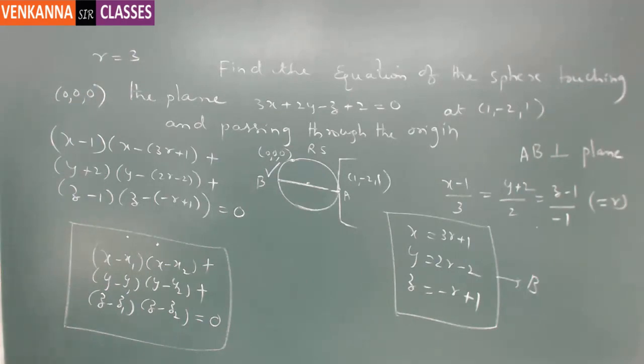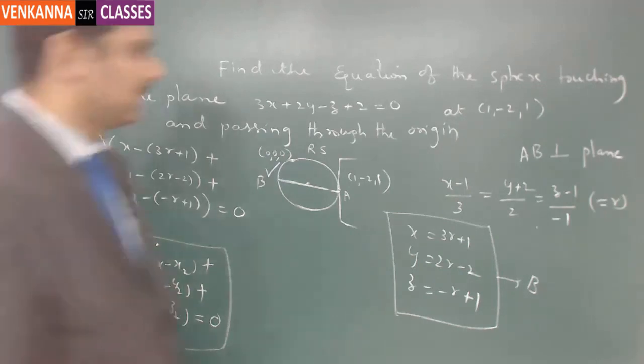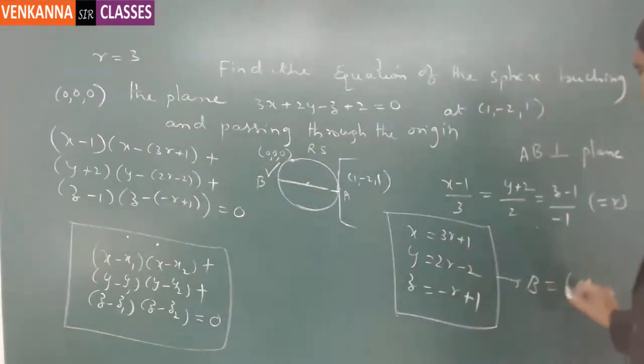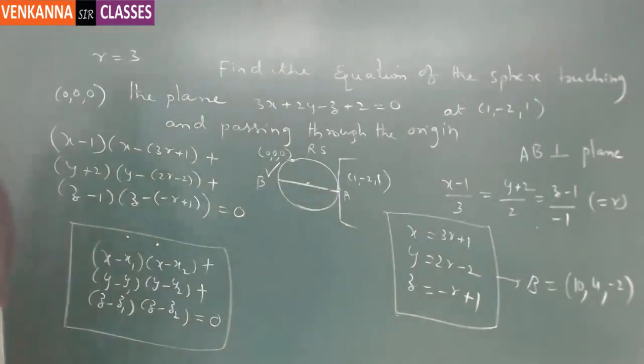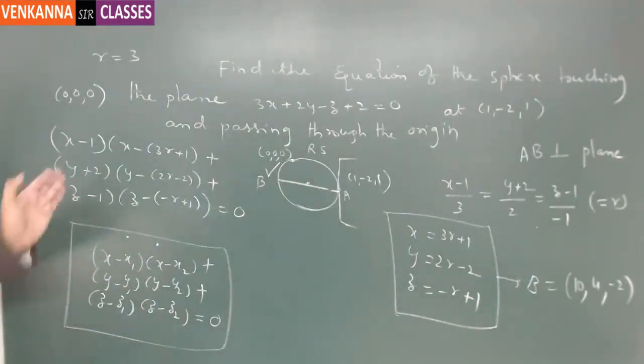Hence you can find the respective sphere equation. Substituting the R value here, you get B is equal to 10, 4, minus 2, the end point of diameter.